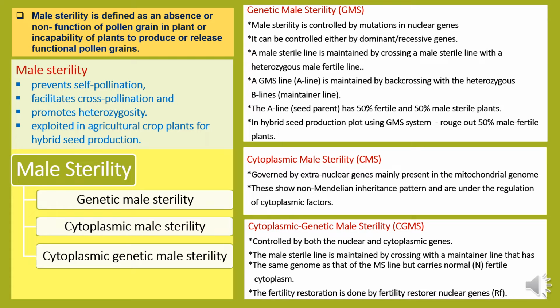So, when we use genetic male sterile lines in hybrid seed production, we have to rogue out 50% of the male fertile plants. In crops like cotton, GMS lines are used for hybrid seed production, where roguing is very important to remove the male fertile plants.